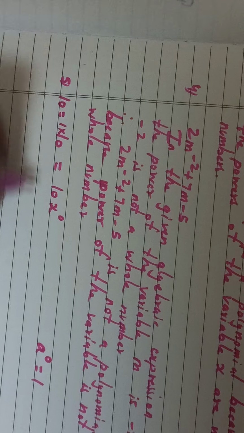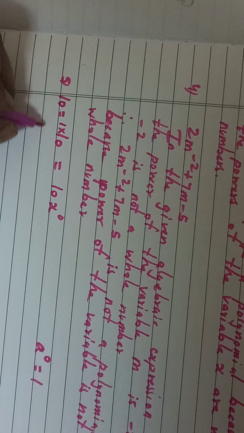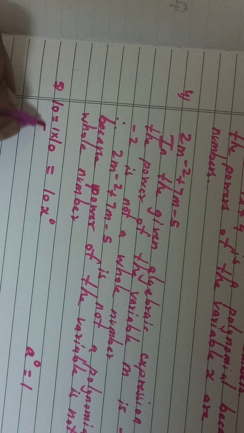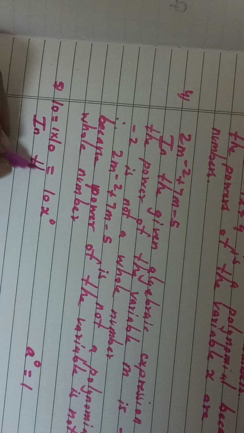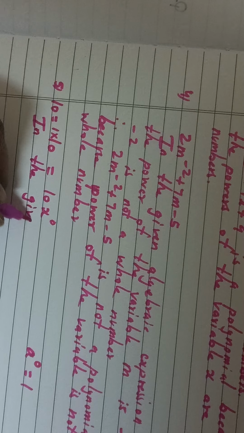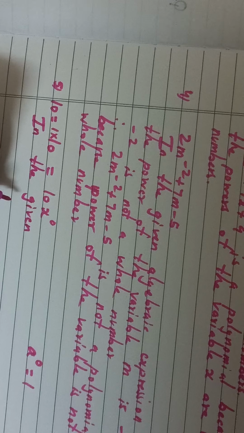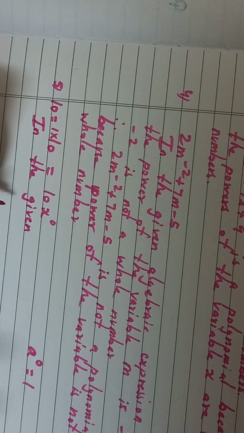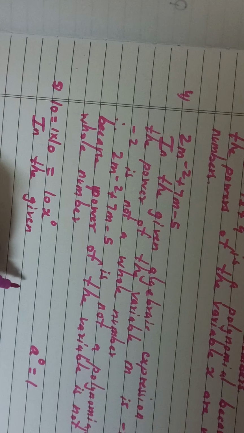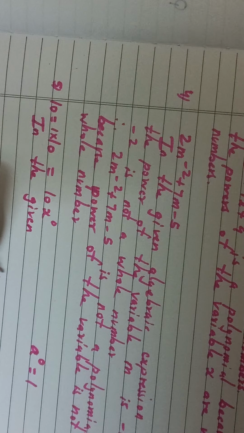I hope you all are understanding it. So we will write, and 10 is a constant polynomial, that is also given. As I said, there is no hard and fast rule, and when only a number is given, it is also called a constant.